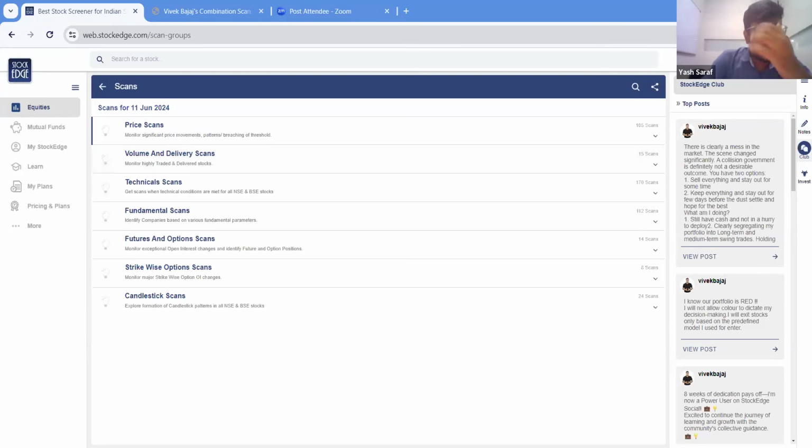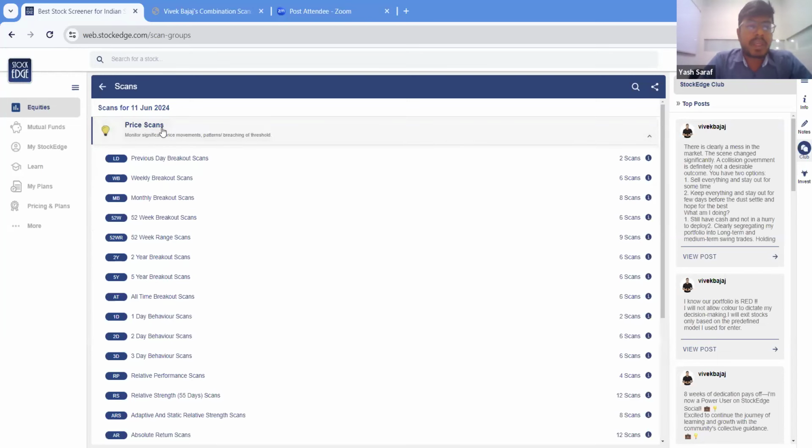So let's start with price scans. So the first section is the price scans. So what do price scans tell us? Price scans are all about the price action available in the market. Every stock or every index has its own price action, and price is very critical information.